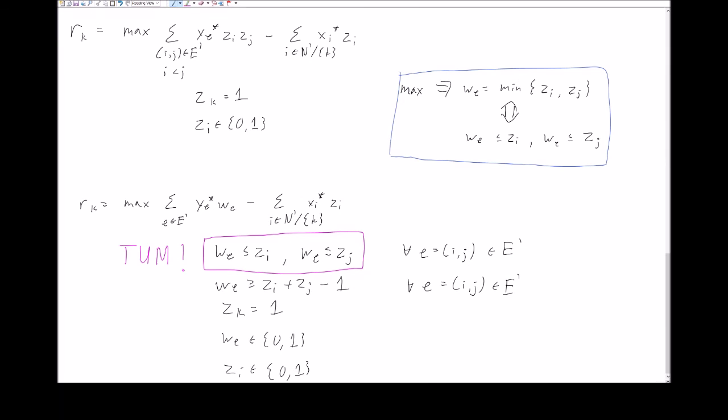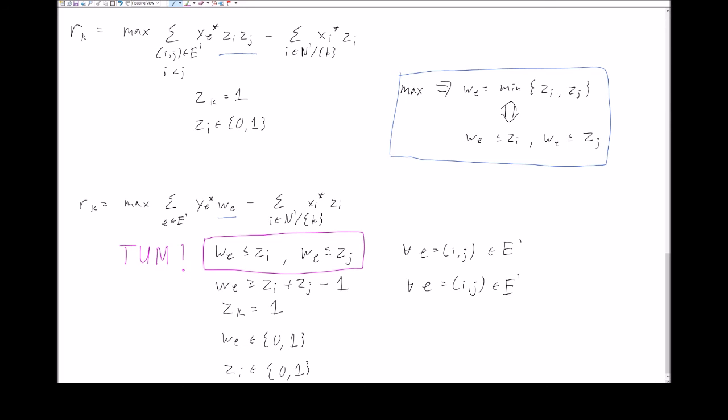Now that we have this quadratic program, we'd like to turn it into an integer program, and specifically a linear integer program. To do that, we take the quadratic portion, which is only zi times zj, and replace it with a new variable we. We is going to be interpreted as the multiplication of zi times zj.